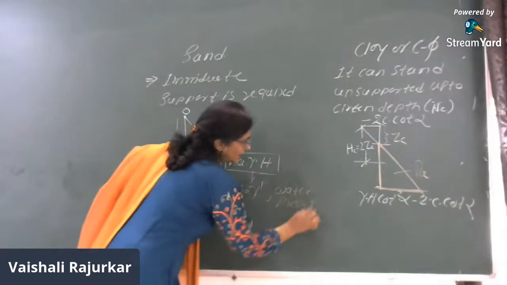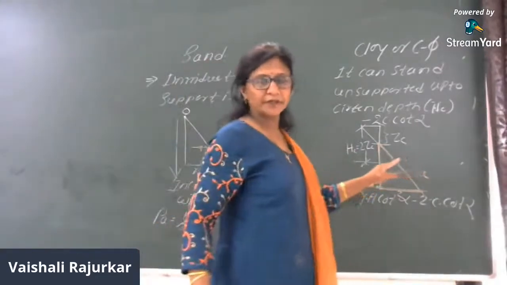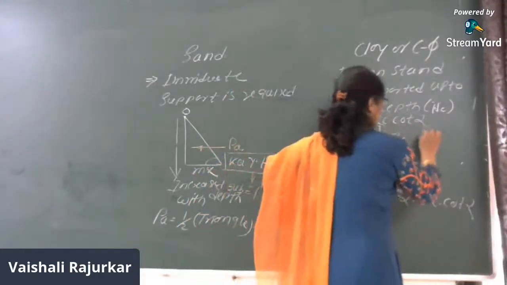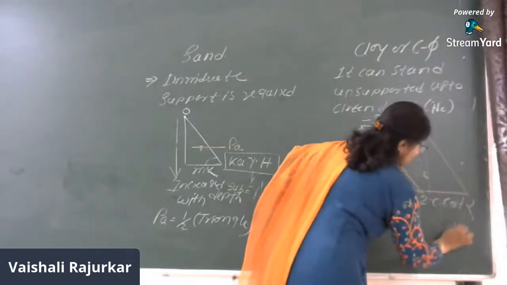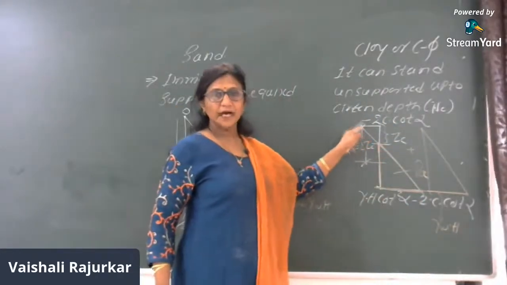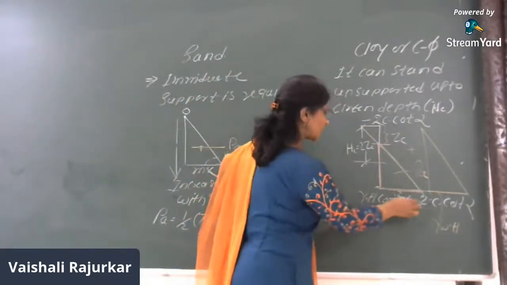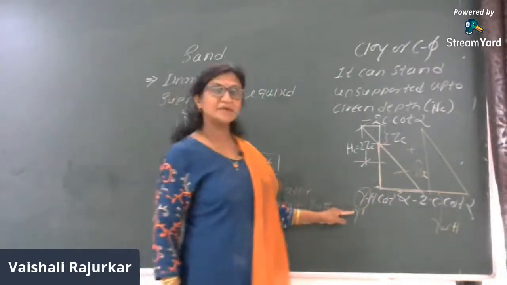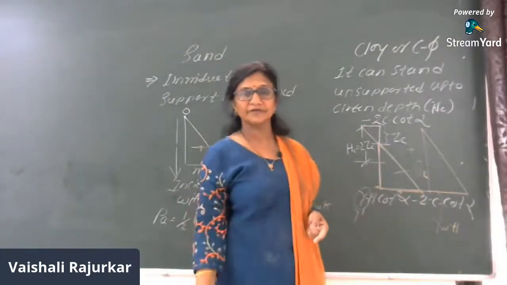Water pressure will be gamma W into H, taken from the top itself. यहाँ पर जहाँ water table आएगा तो you have to first consider gamma into h cot square alpha minus 2c cot alpha, where gamma becomes gamma submerged, and in addition to that, the water pressure will be throughout the depth, right?